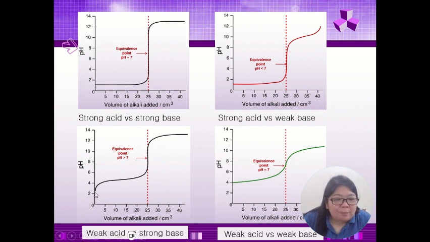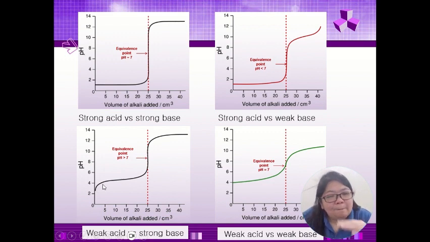So we should start with a pH not the same as strong acid anymore, it should be higher. So start with 3. And strong base sodium hydroxide. So start this titration by adding sodium hydroxide into the weak acid, ethanoic acid for example, in the conical flask.